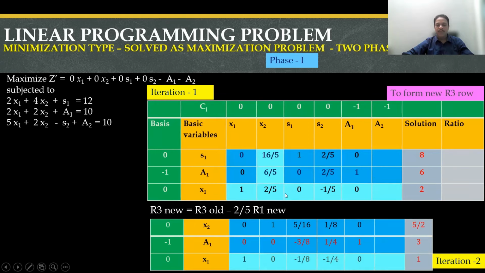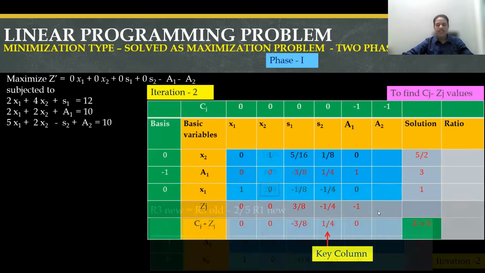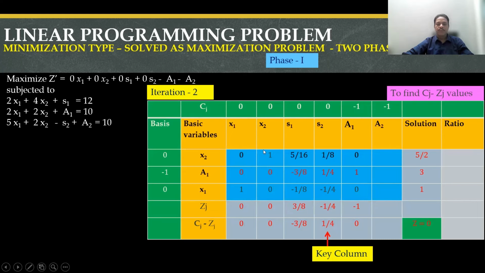And finally, the value 2 by 5 is made 0 by using the row operation R3 new equals R3 old minus 2 by 5 R1 new. So this forms the table for the second iteration, which is written like this. Now, if you see in this table, the A2 column has no entry since it has already left the solution. You may also skip writing the A2 column hereafter.